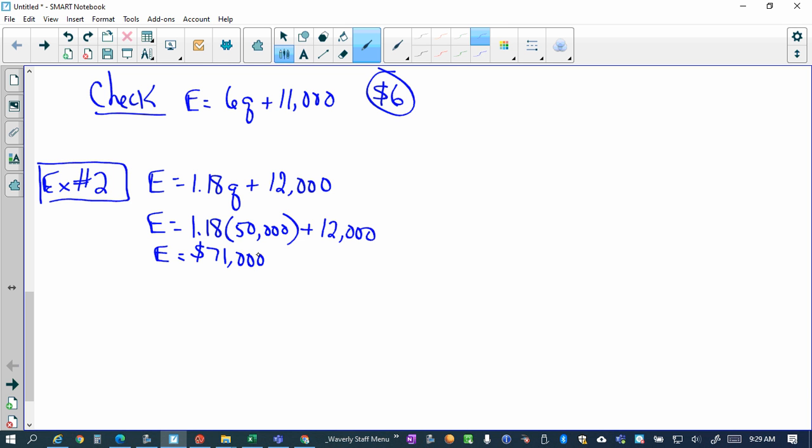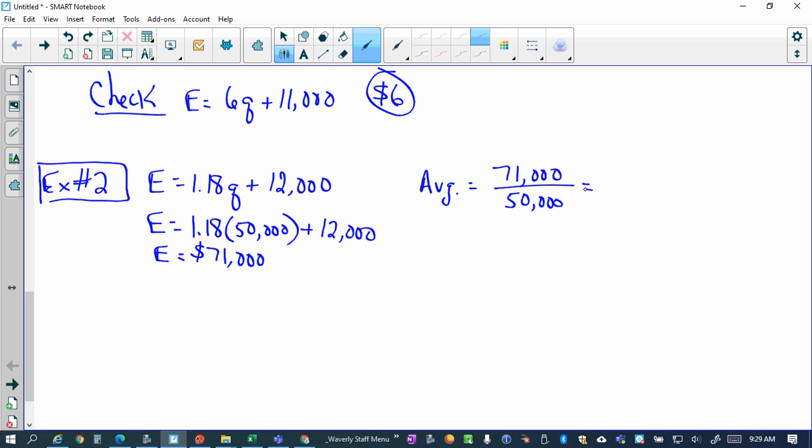Now what's the average per unit then? We take the 71,000, so let's do our average, equals $71,000 divided by 50,000 units. Whatever your calculator says, you always round to the nearest cent for money.